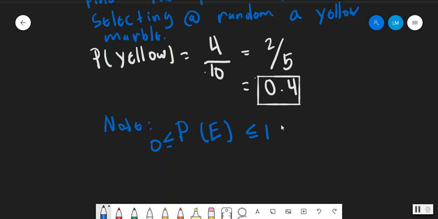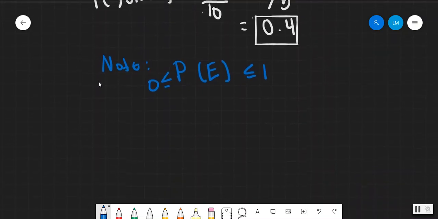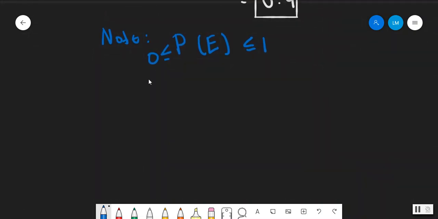So any probability distribution has to be between 0 and 1. But then you also have that if you were going to add up the sum of all probabilities for a probability distribution experiment, then it has to add up to 1 no matter what.